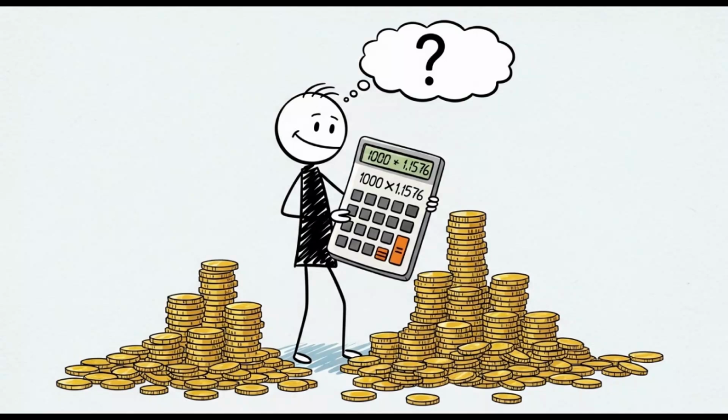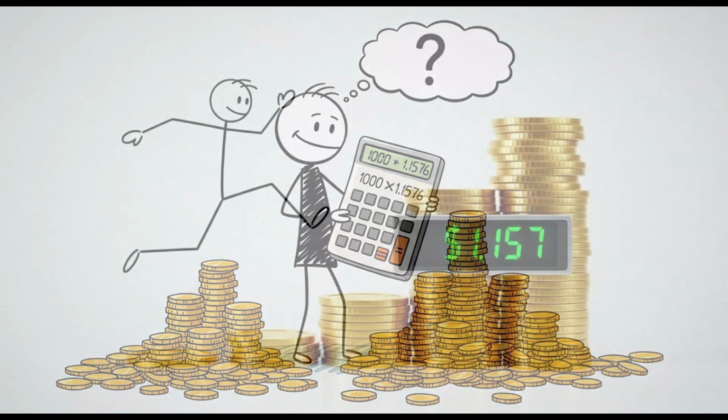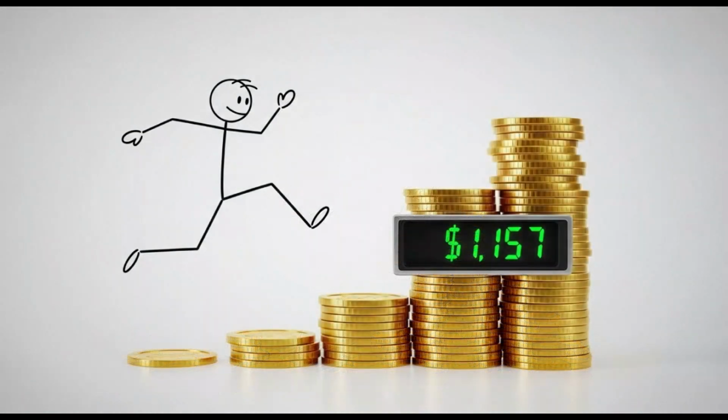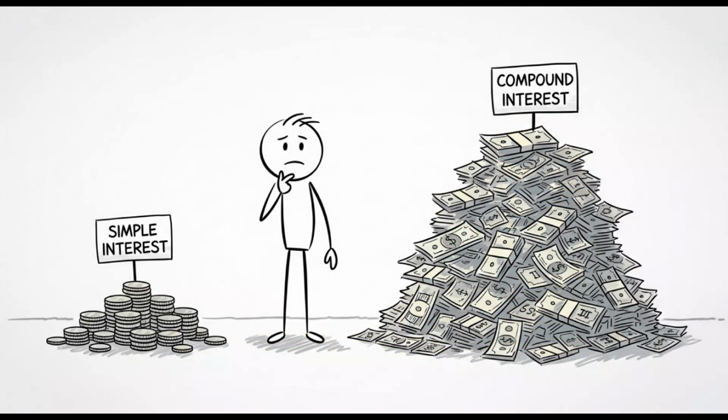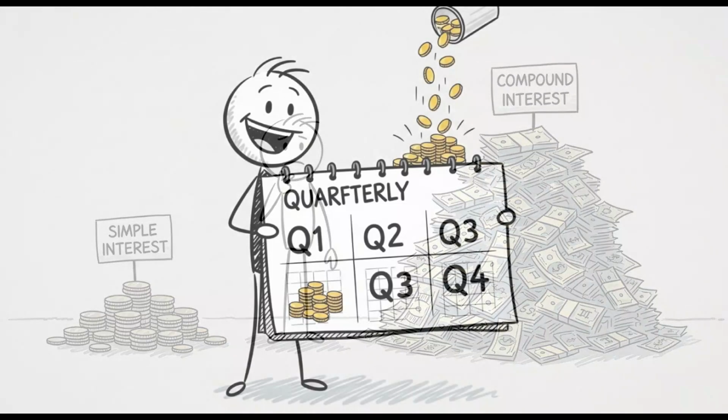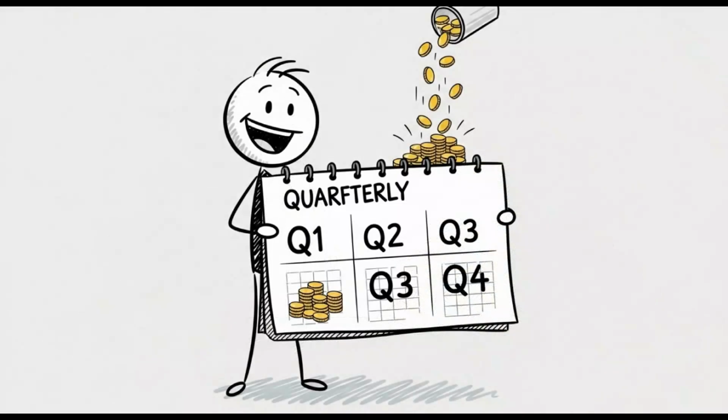What if the interest is compounded more often, like quarterly? Then N becomes 4. A equals 1,000 times (1 plus 0.05 divided by 4) to the power of 4 times 3. Divide 0.05 by 4, which is 0.0125.